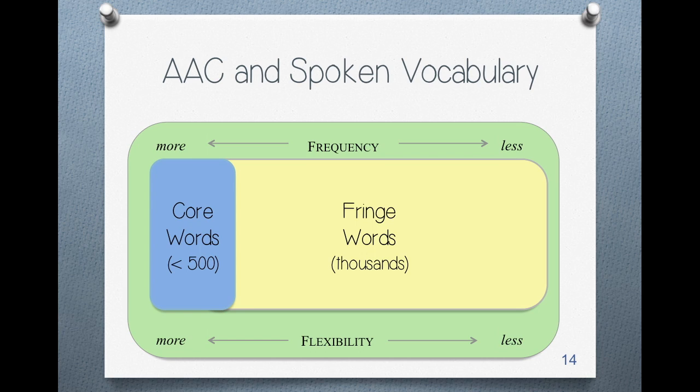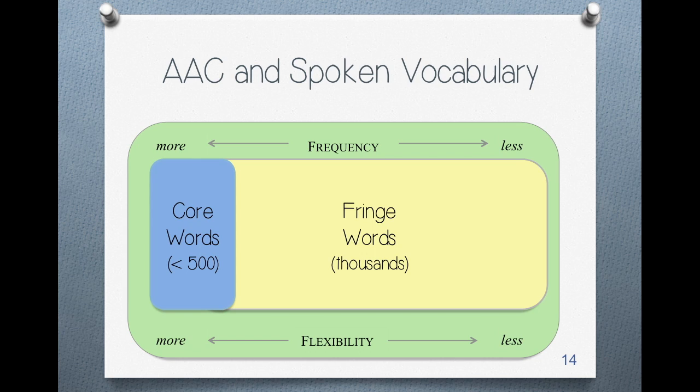The reason I put the numbers here, again, there's no sort of specific cut point for core versus fringe, but I think the visual can be deceptive in that there are far fewer core words than fringe words, and yet we use core words much more than we use fringe words.